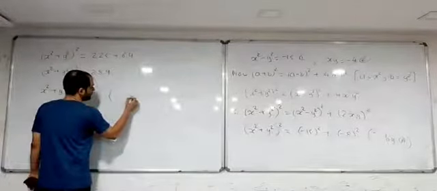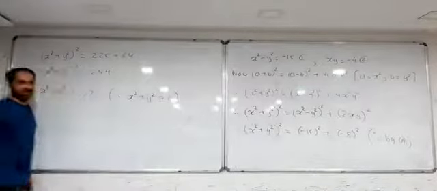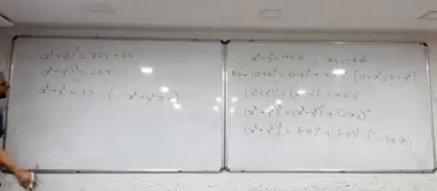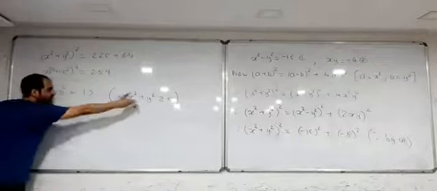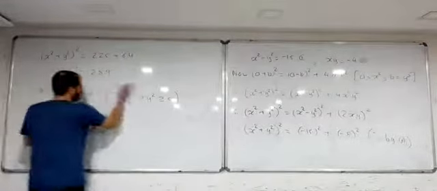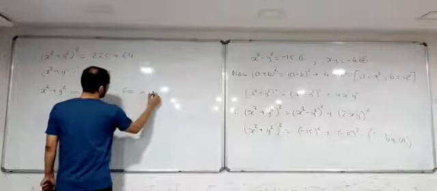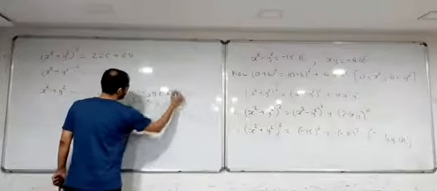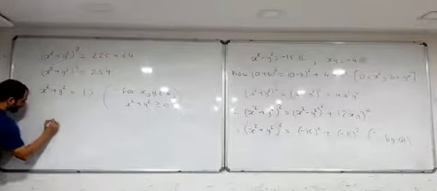Don't write plus or minus 17, because x square plus y square is greater than or equal to 0. For real x and y, the sum of squares has to be greater than or equal to 0.